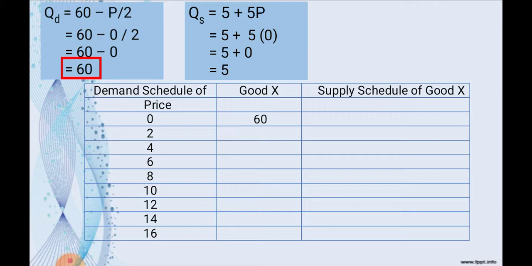We apply MDAS, multiplication, division, addition, and subtraction, so we first multiply 5 by 0, which gives 0, and then 5 plus 0 is equal to 5. Therefore, our first value is 5.